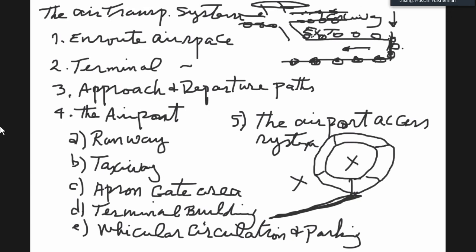So that is provided for the access to the airport. And even in Washington, D.C., you can go with the metro and subway to get to the airport. Or they have special buses that take you from the airport to the center of town and so on. So all of these are the airport access system. So the whole thing is the air transportation system.